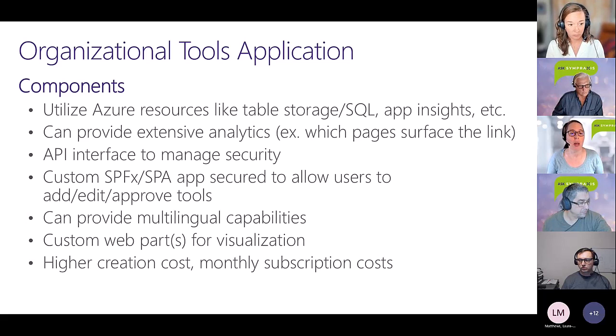So we'd maybe use table storage in Azure or maybe a SQL Server database. We'd add something like App Insights, which is the ability to track all sorts of information about who the users are, what locations they're coming from, all sorts of metadata. Think all the ways that maybe the intranet tracks you. We could track the users' interactions with our tools.